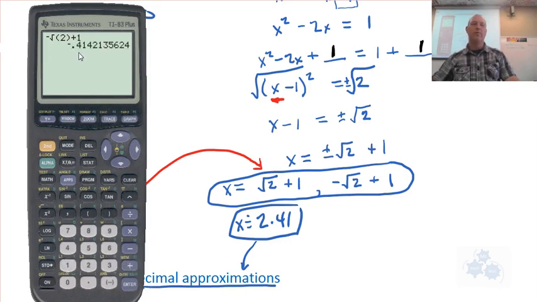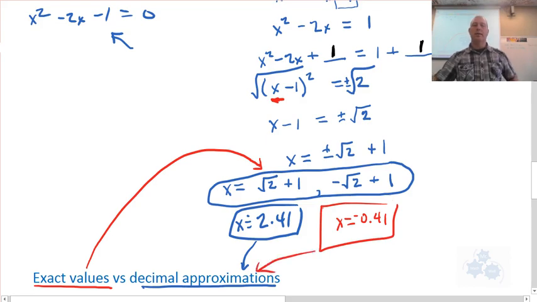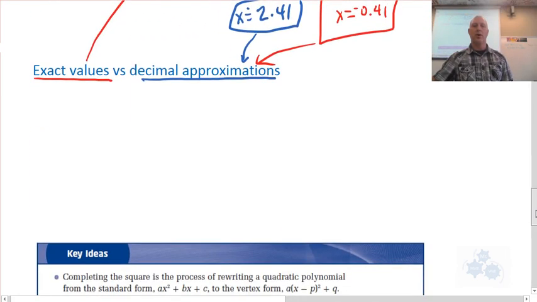So negative 0.41. So x equals negative 0.41. So that's another decimal approximation, right? Which is what this is, the exact value. So there's a difference there, and we're going to be working with exact values, not so much decimal approximations. Okay, but there may be appropriate times in some word problems.